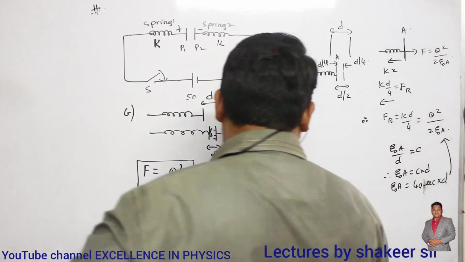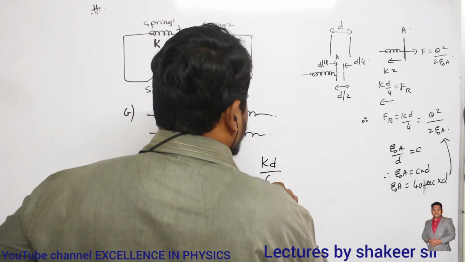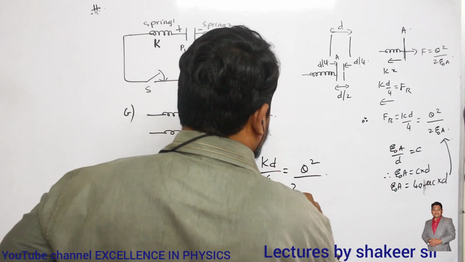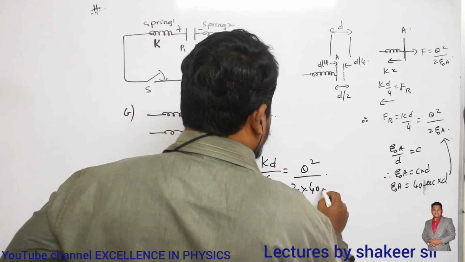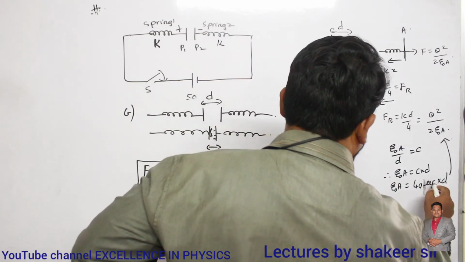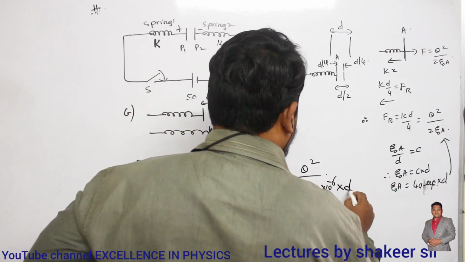So the relation which I will get is Kd divided by 4 is equal to Q squared divided by 2 into, instead of epsilon naught A, I will write 40 microfarads, or 40 into 10 power minus 6, multiplied by d.